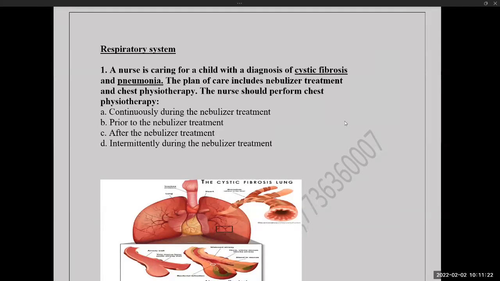Fever and chill are the clinical signs. Initial signs are fever, chills, fatigue, weakness.